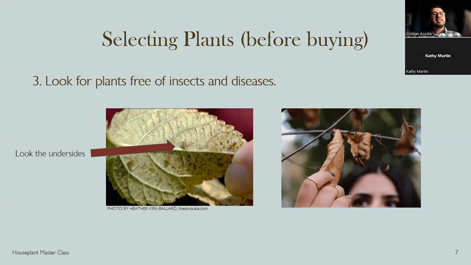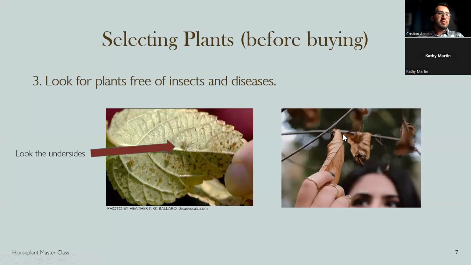But when we check the undersides, there are something like we can see here, in this case, fungi and also insects on the underside. So always check the undersides, because sometimes we can bring some pests and diseases to our house.